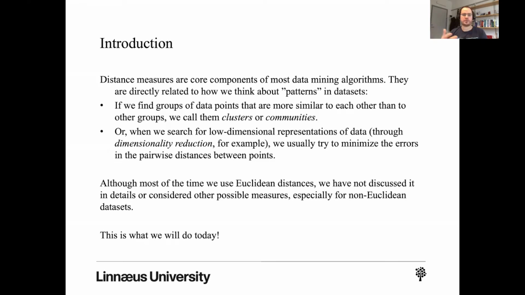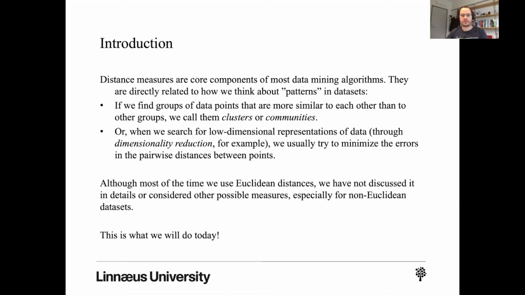So for example, when we talk about clustering, which is probably the most common way people usually think about patterns in data, we think about groups of points that are similar to each other and at the same time dissimilar to something else, right? That's in another cluster or in another community, for example. So clusters and communities have this in common.